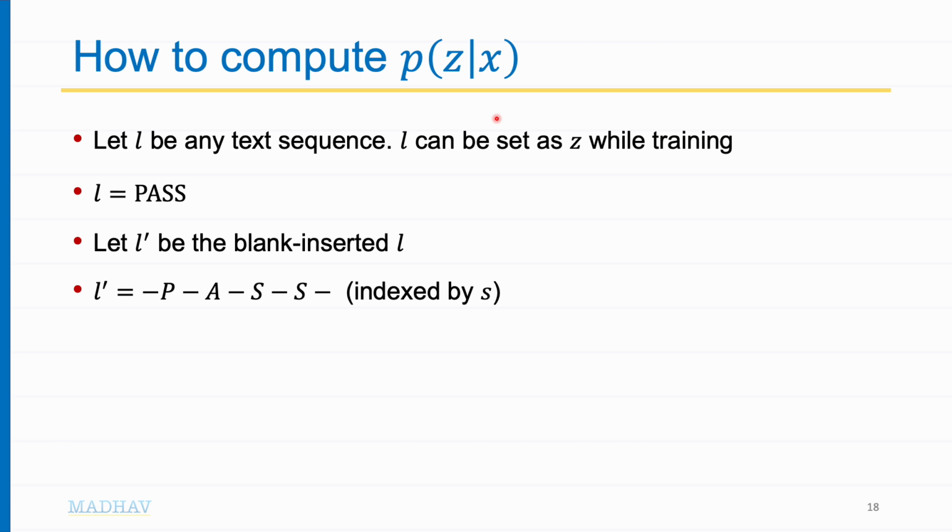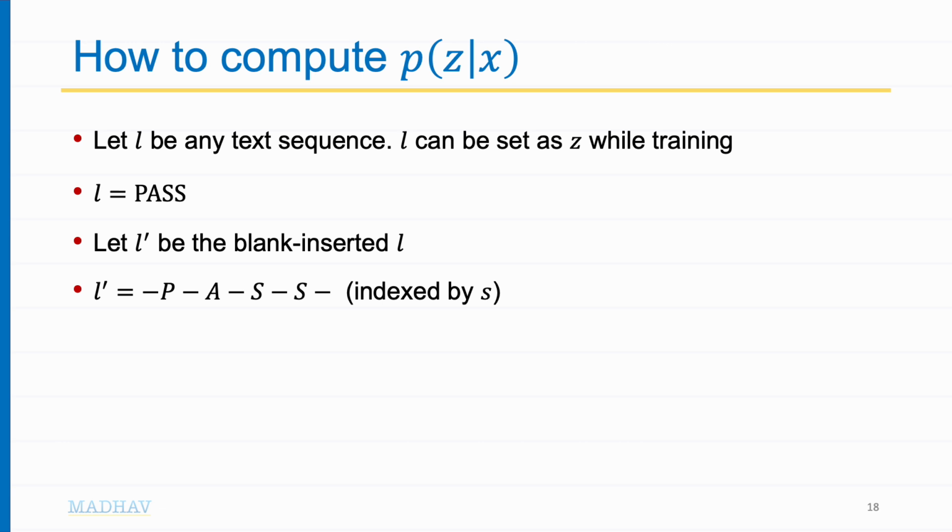Now take care that these two S's will not be merged, because first we do deduplication, then blank removal, right? If I don't put a blank in between these two S's, then they will be merged into a single S. So the blank helps keep the double letters separate. Clear? Okay.